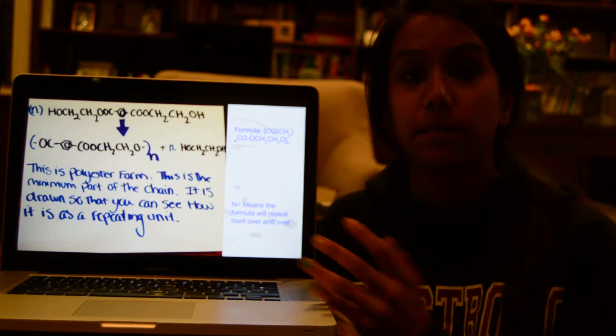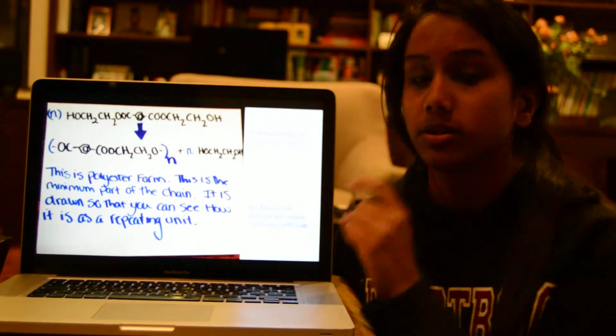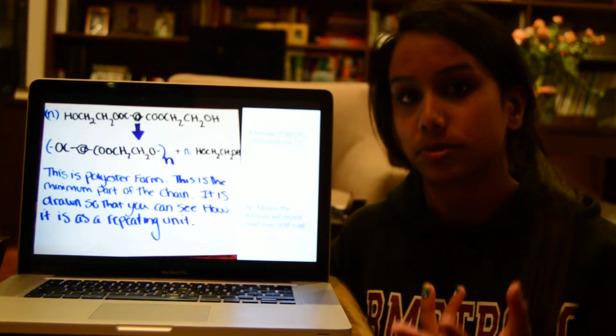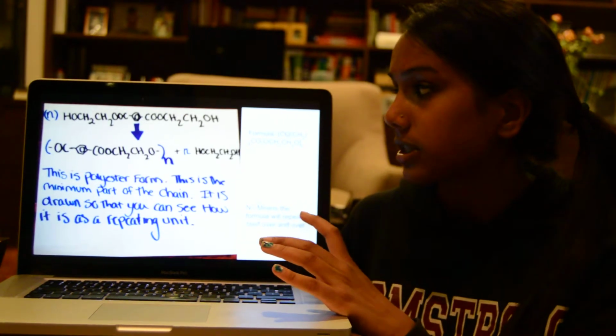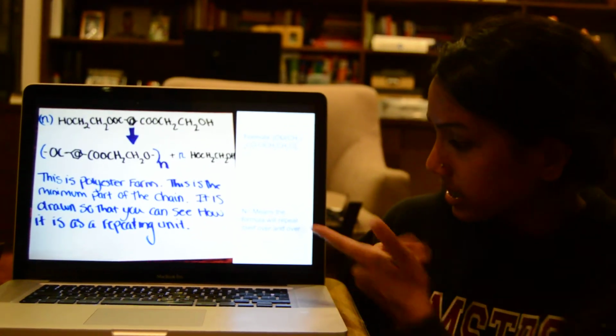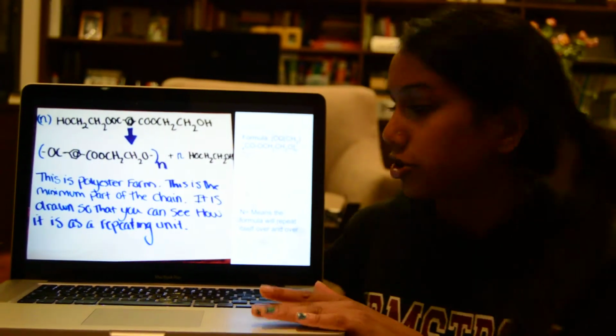Then we look at the polyester formula, which is very long, so we put in an n, which means it repeats itself multiple times, because otherwise this formula would be very long. The formula contains carbon, oxygen, and hydrogen.